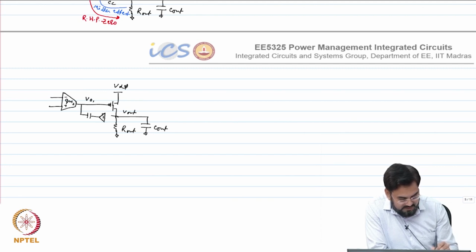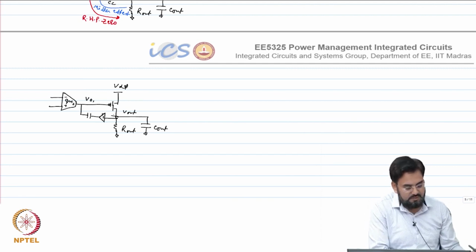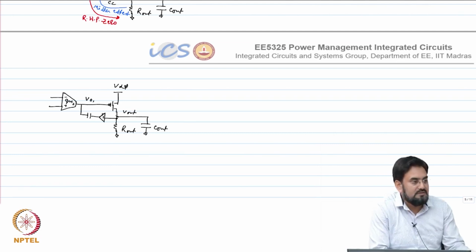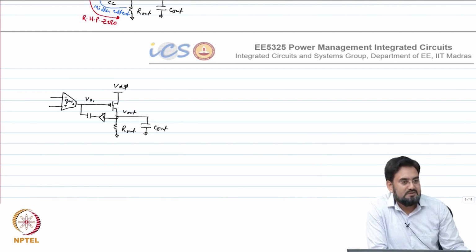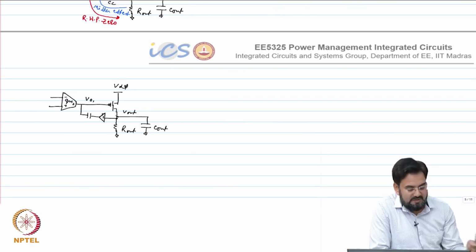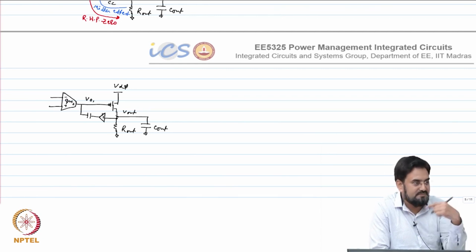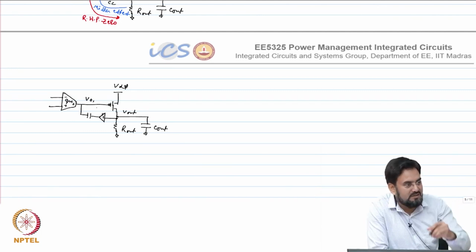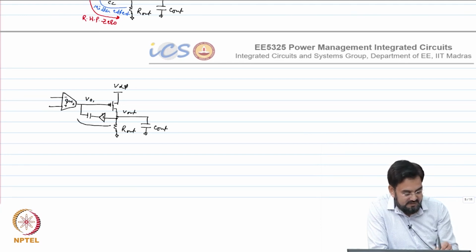What if I do this? Put a buffer in the feedback path. Okay, so a buffer has a very high input impedance and low output impedance, so it will basically block any forward path, and so it will have only this path.